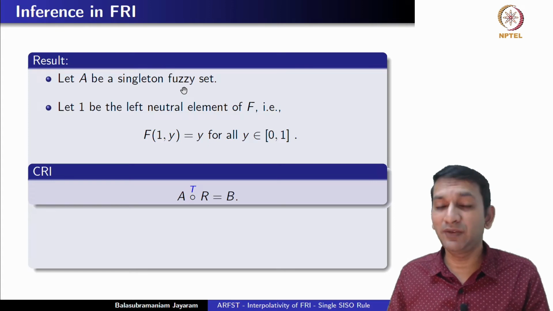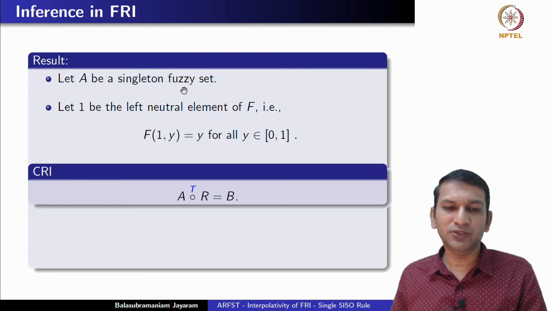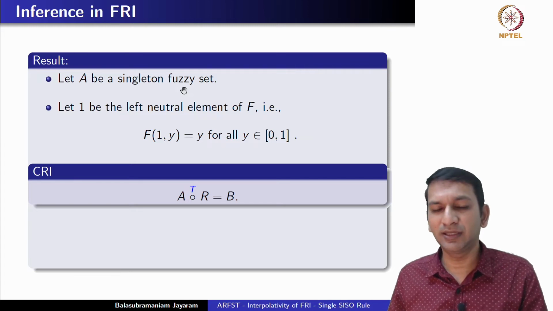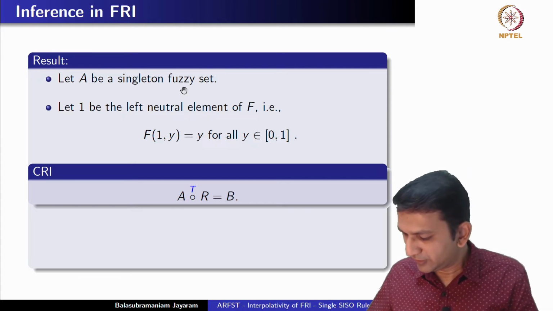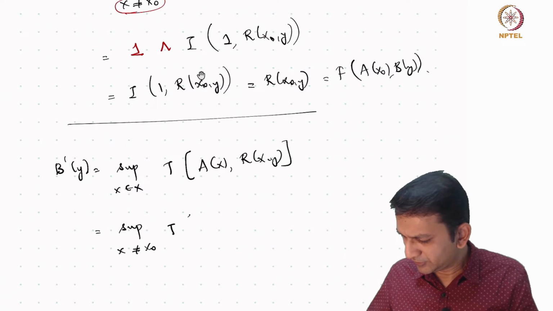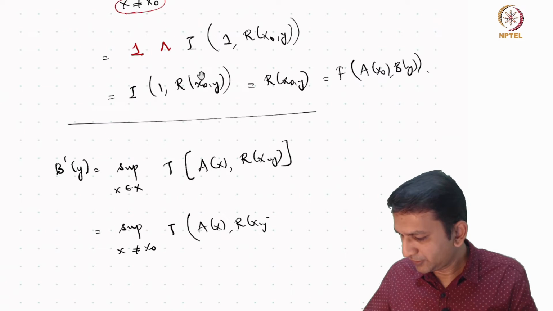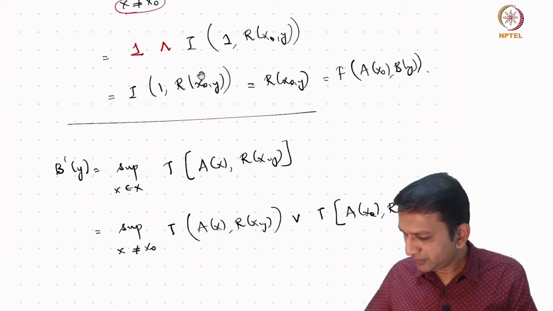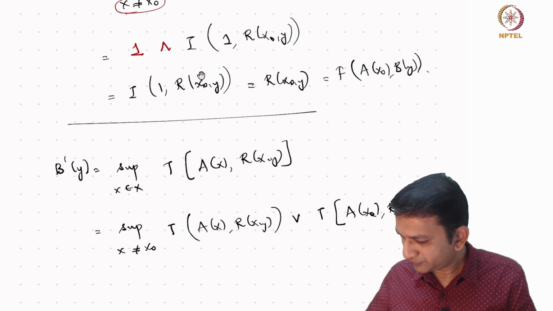Without loss of generality, we can take it to be the point x0 at which it attains normality 1, and in all other places it takes the 0 membership value. So T of A dash of x and R of x, y, at this point it is 0 for every such x not equal to x0. So this entire thing becomes 0.